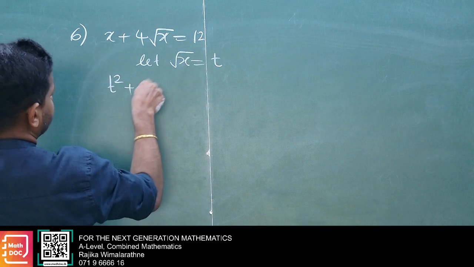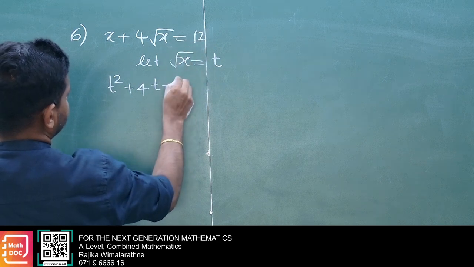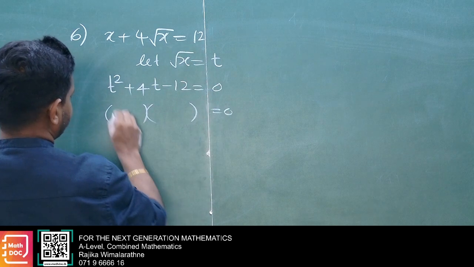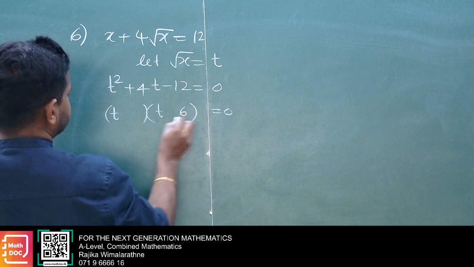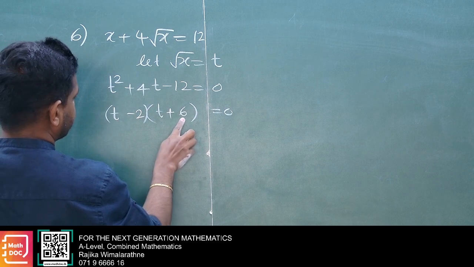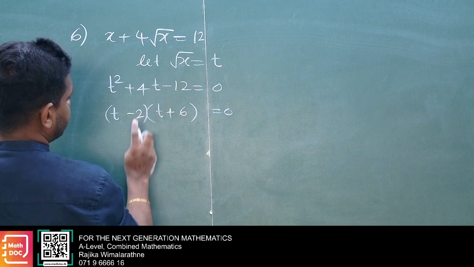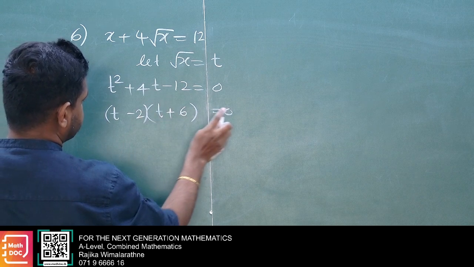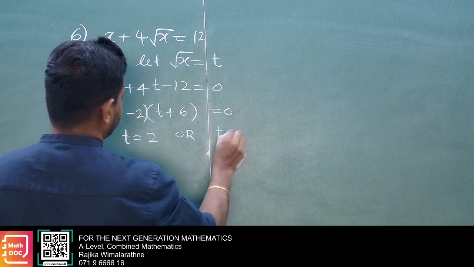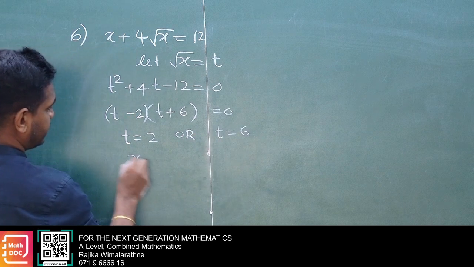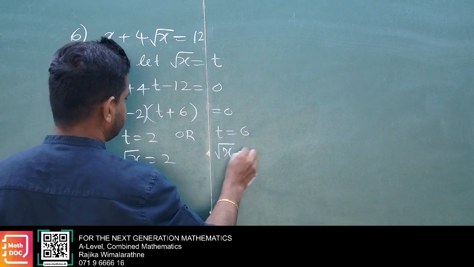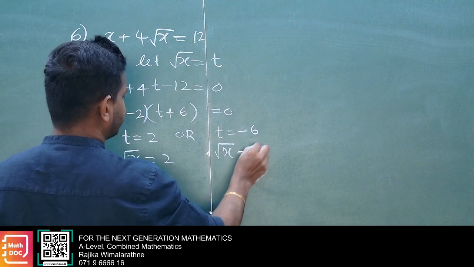Here 12, take to the other side. Then factorize. T square plus 4t minus 12, t plus 6, t minus 2, equals 0. Then t equal 2 or t equal minus 6. Then root x equal 2 or root x equal minus 6.